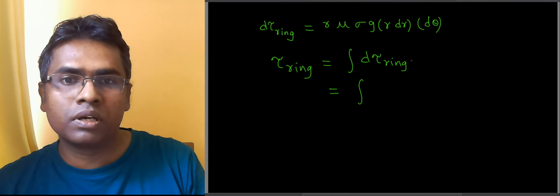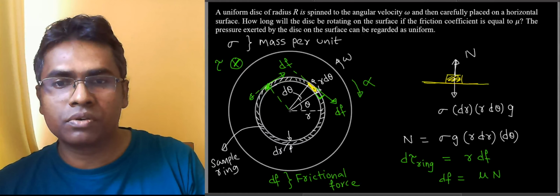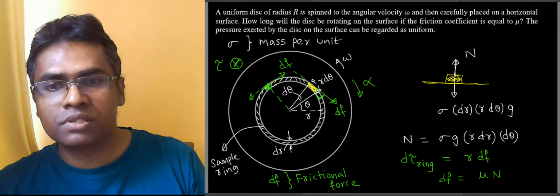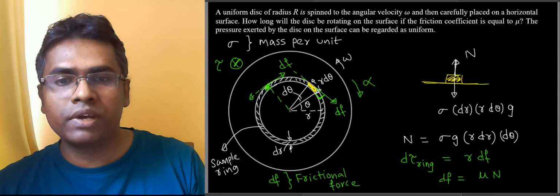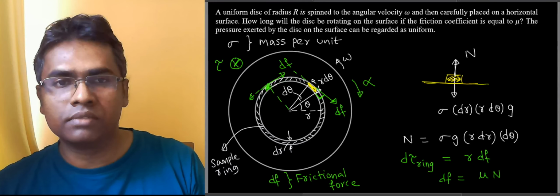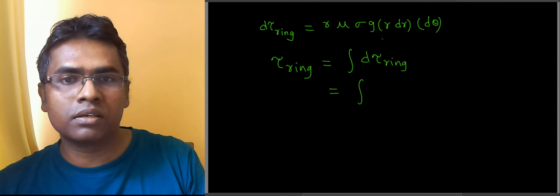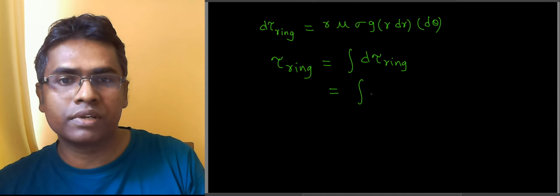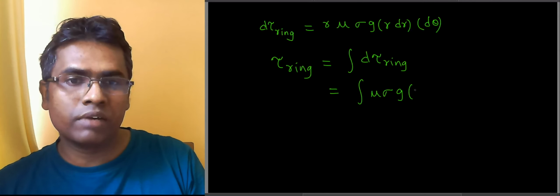Since I'm not changing the radius, I'm restricting myself to this sample ring, the radius of the ring doesn't change. So the only variation is in the angle. The radius is constant for me. So I'll write them first. So what do I have? Mu sigma g, r square dr and then d theta.